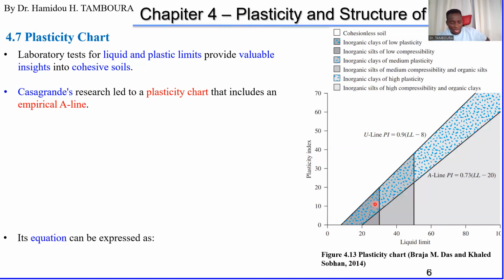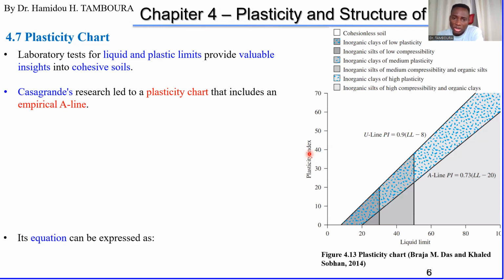So what is this chart exactly? This chart allows you to use liquid limit. The horizontal axis is liquid limit, and the vertical one is plasticity index. I think you remember what plasticity index is.